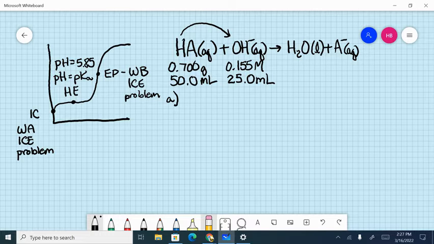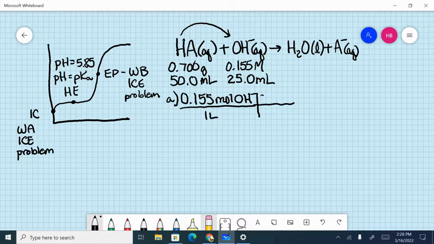So 1 mole of HA requires 1 mole of OH minus. So let's calculate how much OH minus do I have? Well, I had 0.155 moles of OH in 1 liter of solution, but I don't have 1 liter. I have 25 milliliters, 0.025 liters.